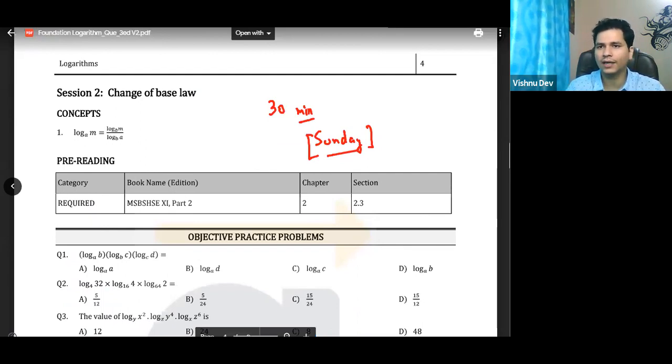Does that make sense? The test will be in the afternoon, most probably around 2 or 3 p.m. I'll keep the discussion around 9 or 10 o'clock, so after the discussion you can have plenty of time to practice and work on the test.